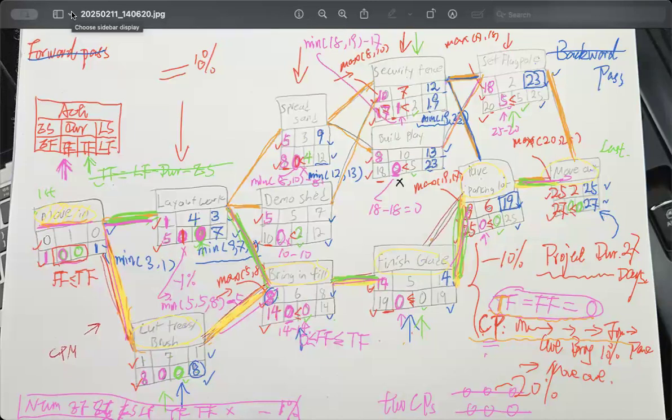Okay. But you will see some activities that have a total float more than 0, but its free float is 0. Let's look at this one. This will be 2 here, right? 7 minus 4 minus 1, you're getting 2 here. So this is actually 2. You will see this has the total float of 2. But we see this path. So this is a path.